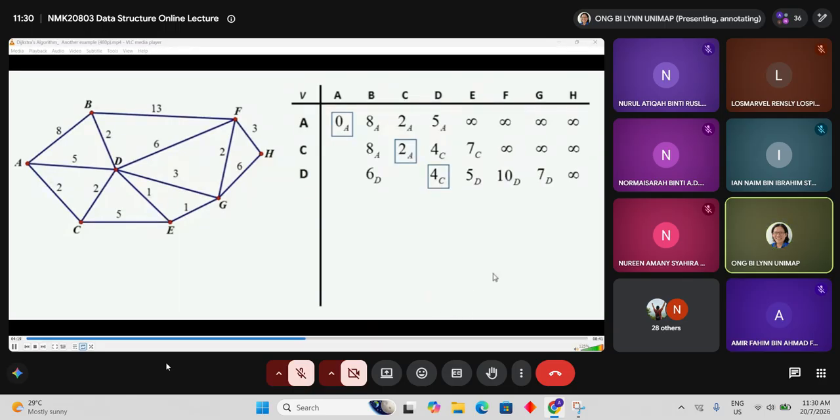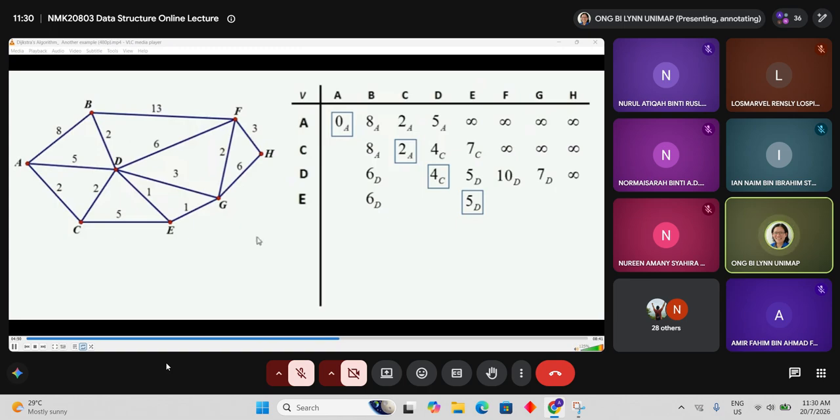Now the minimum weight that isn't boxed already is this 5. So I'll mark that in the next row with a box around it. My shortest path to vertex E comes through D, and it has weight 5. So E is the next one that we're working with. Can I get from E to B? Not directly, so this 6 will not change.